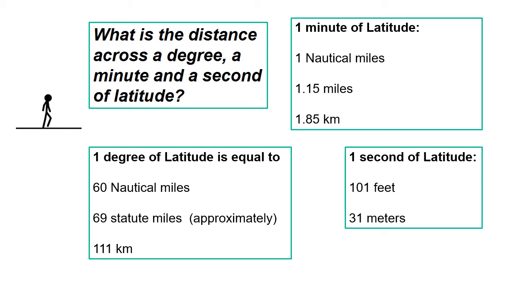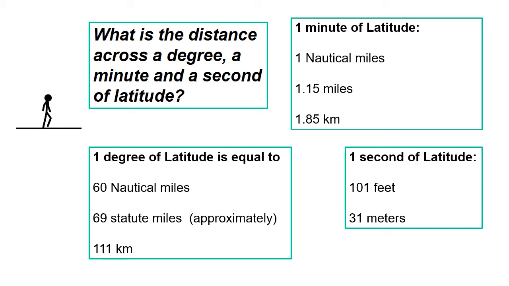All right, but if you're looking for a treasure, well, 1.15 miles, that's still a lot of holes that you would have to dig. So every minute of latitude can be divided into 60 parts called seconds. And so it's kind of analogous to the time, minutes and seconds.